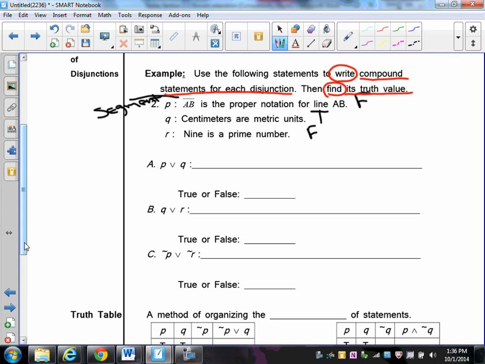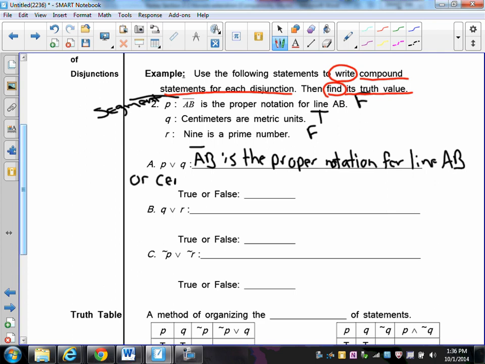We have P or Q. So what we would have here is segment AB is the proper notation for line AB, or centimeters are metric units.